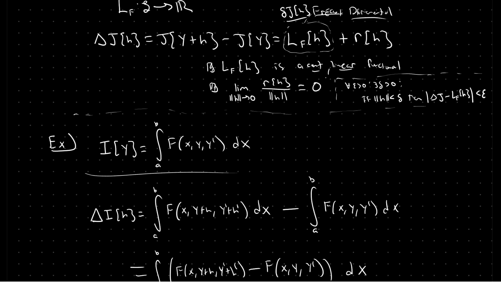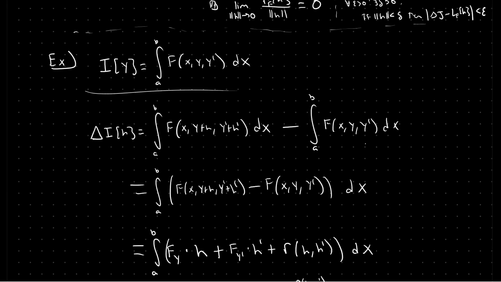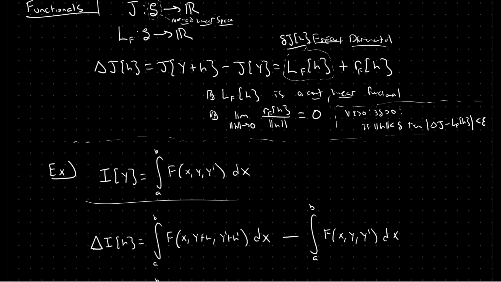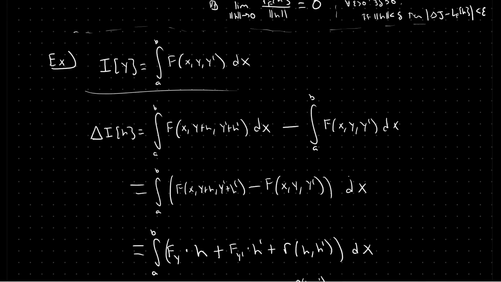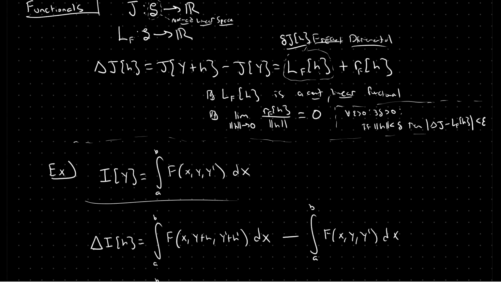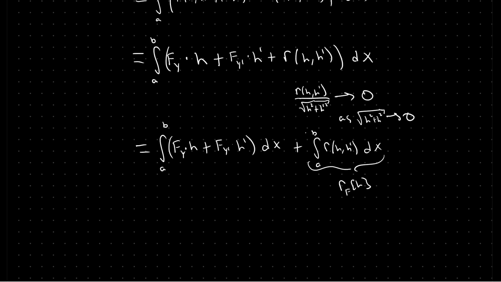We'll call it R_F to distinguish it from the previous r. This is our R_F in this approximation formula for the Frechet derivative.